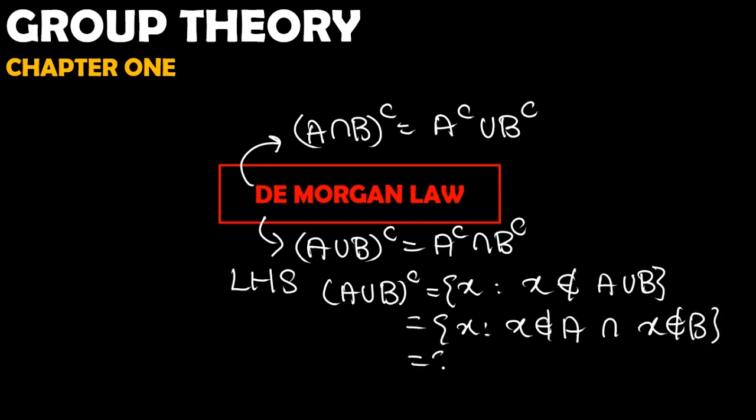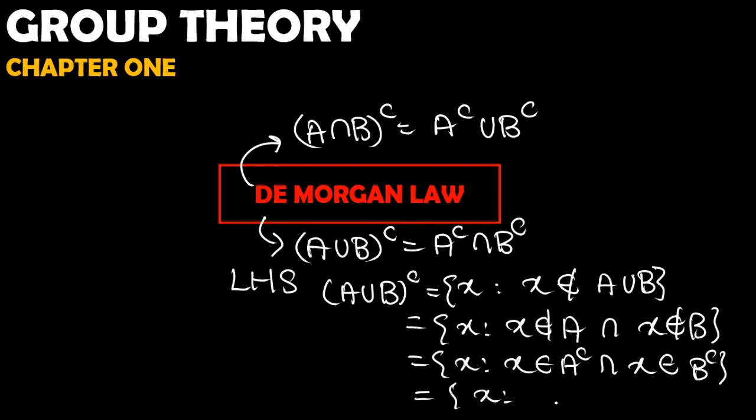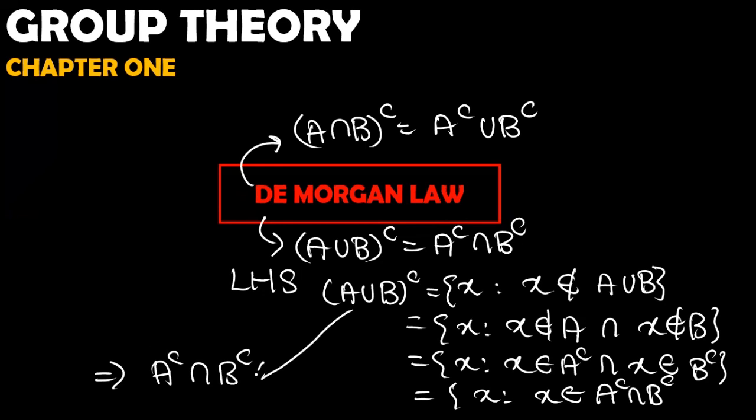If X does not belong to A, then it means X belongs to A complement. Similarly, if X does not belong to B, then X must belong to B complement, right? So by this, X belongs to A complement intersection B complement. So by taking this side, we proved it, right? In this way, you can prove the other one as well.